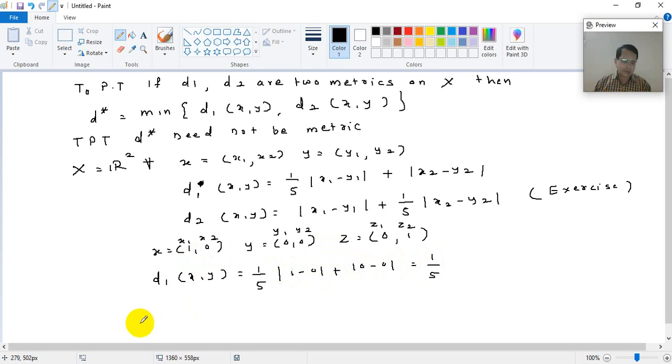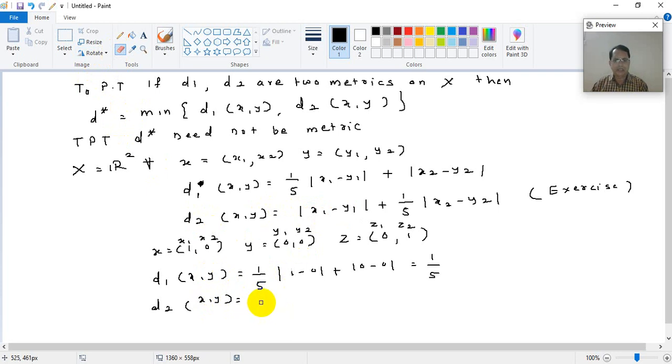Okay, what is now d2 x comma y? d2 x comma y, if I calculate, it will be what? Sorry, d2 now. So mod of x1 minus y1, not this 1 by 5. I will erase this, sorry.